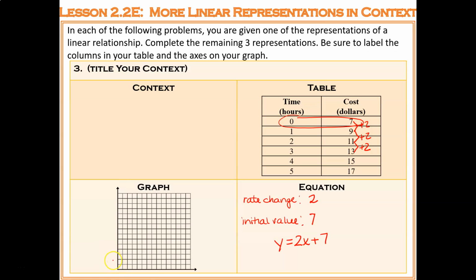All right? So I am going to go up by 2's. Wait, I'm going to make that 4. 2, 4, 6, 8, 10, 12, 14, 16, 18, 20, 22, 24, 26, 28. So I'm going to start at 7, which is right in between.